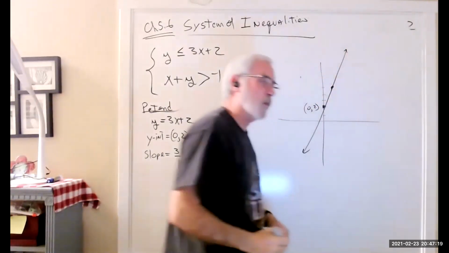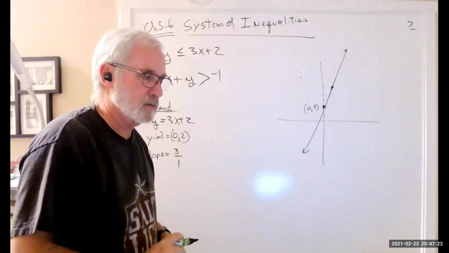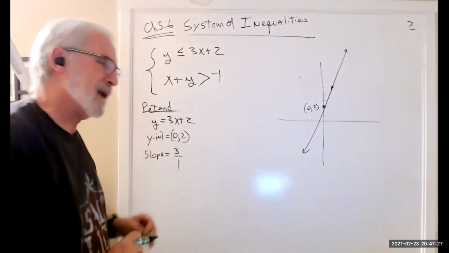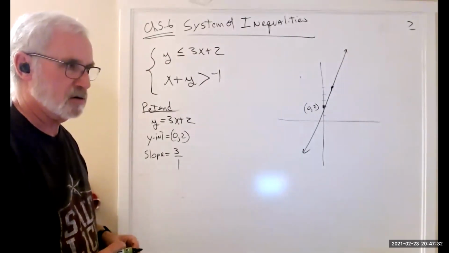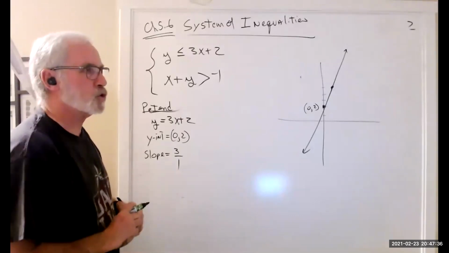Now, this is where I differ from the text. I'm not going to shade, but I'm going to make a note to myself. Where do I shade? Does anybody remember the shortcut?